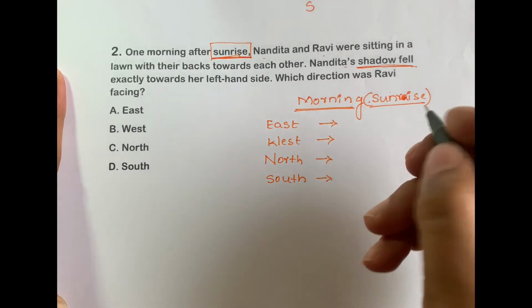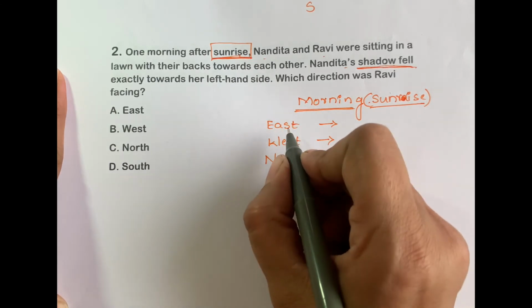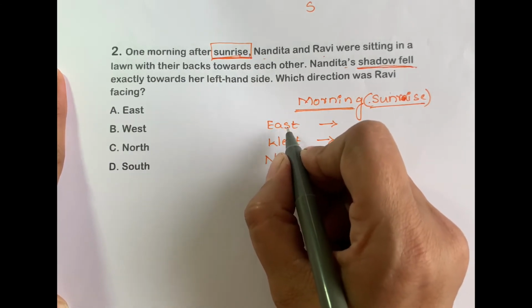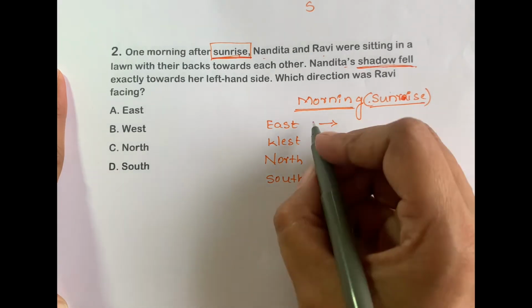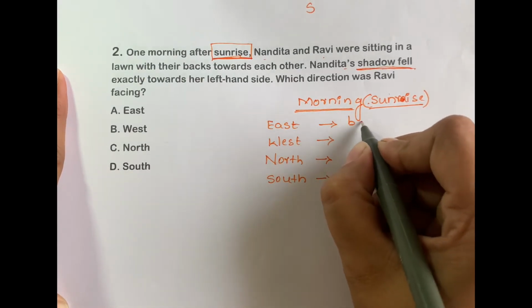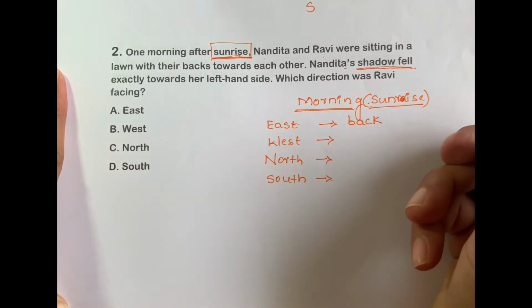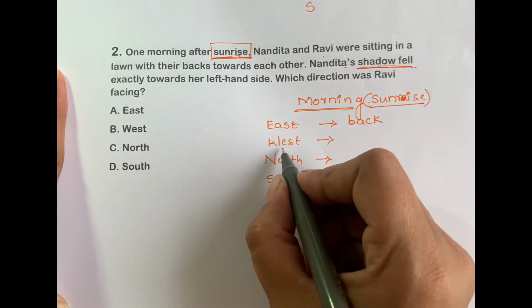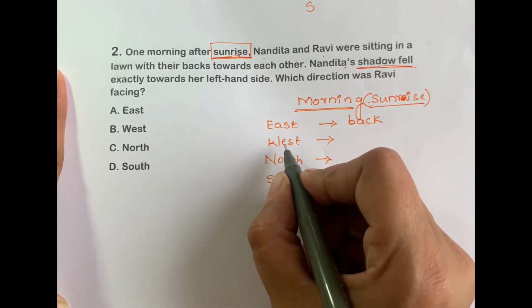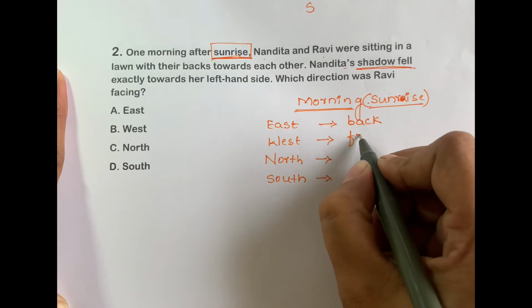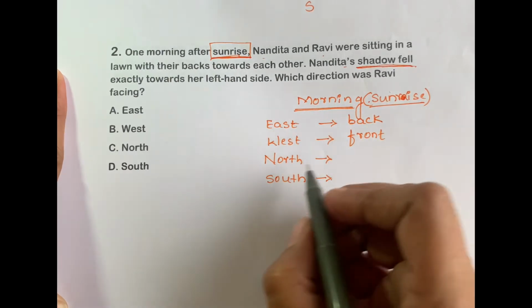So if a person is facing east, then the shadow will be on the back of the person. And if a person is facing west, then the shadow will be on the front of the person.